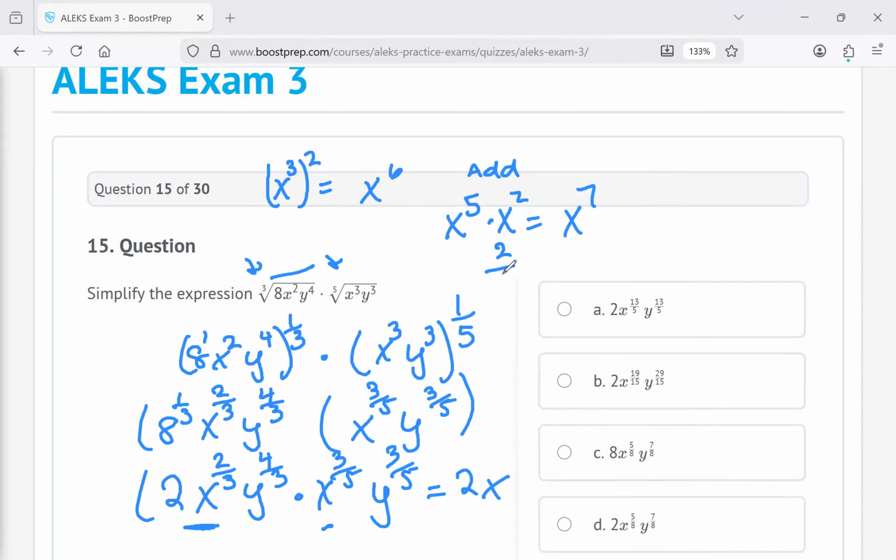So 2/3 plus 3/5. Darn, we need an LCD, which is 15. So we're going to multiply this by 3. So that's going to be 15 on the bottom. 5 times 2 is 10. 3 times 3 is 9. So that's 19 over 15.